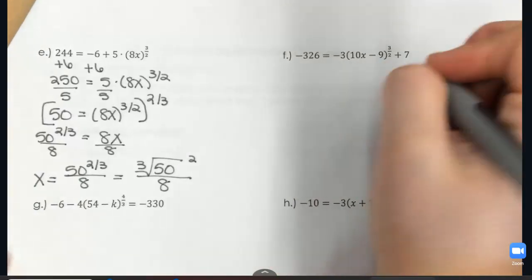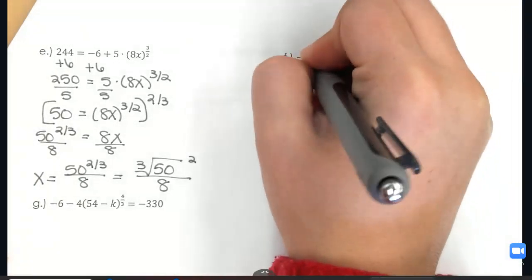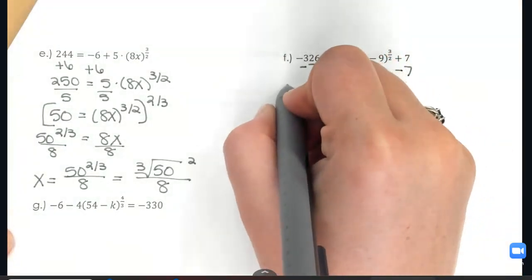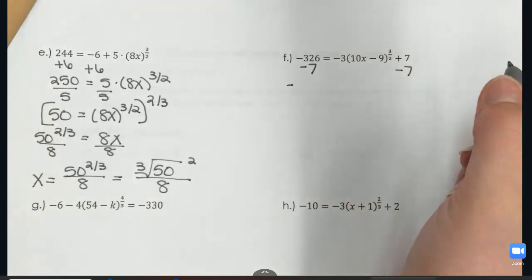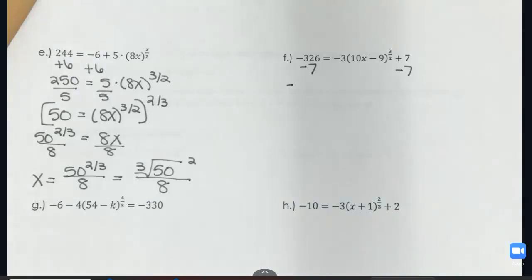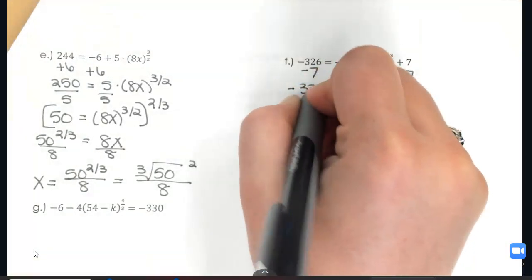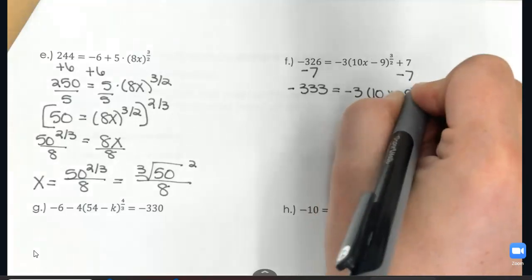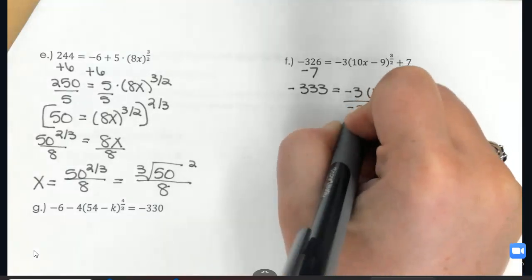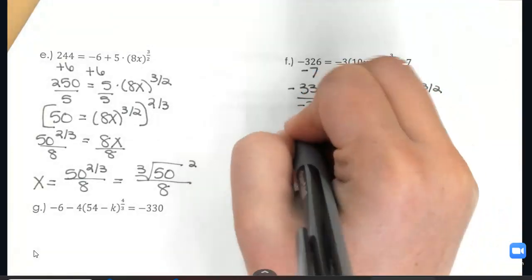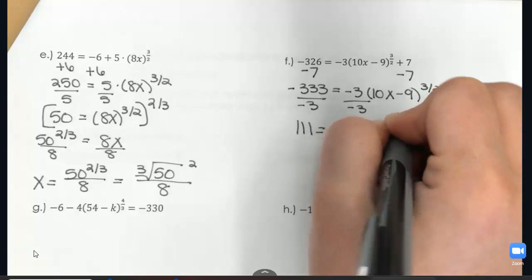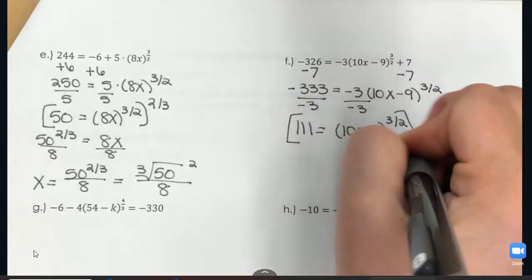All right, on F, I'm going to subtract 7 first. And that is going to give me negative 333. Then I can divide by -3, and I will get 111. My reciprocal power here is going to be to the 2/3 power.